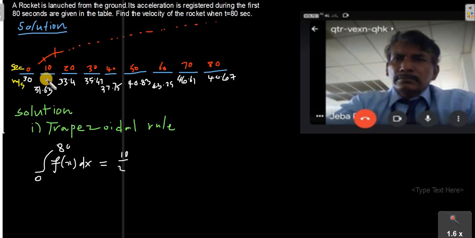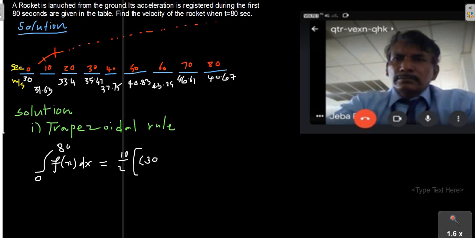Here what is h? The common difference between the x ordinates. So here the common difference is 10, am I correct? So 10 divided by 2, and then a bracket starts with the sum of the first velocity and the last velocity.